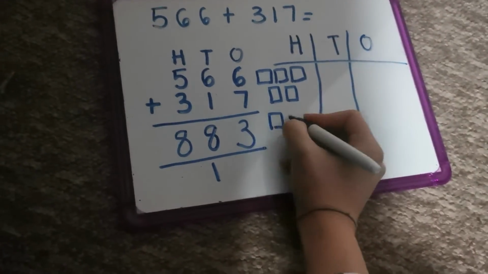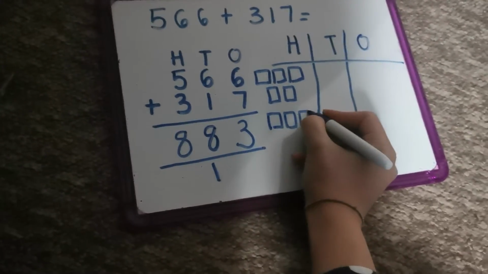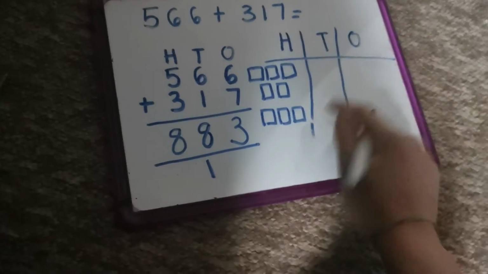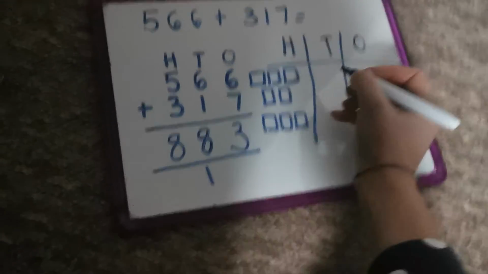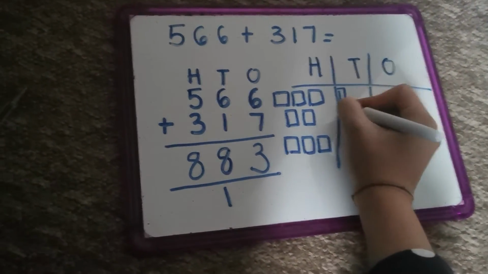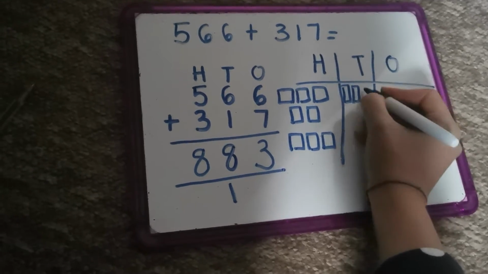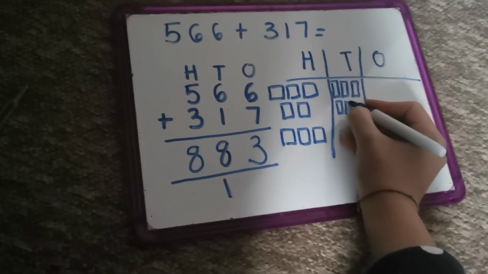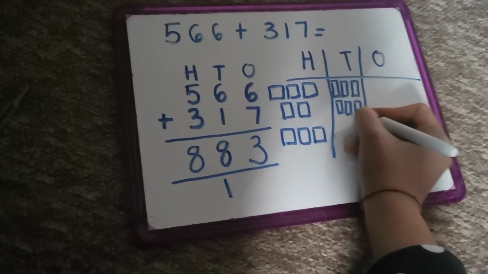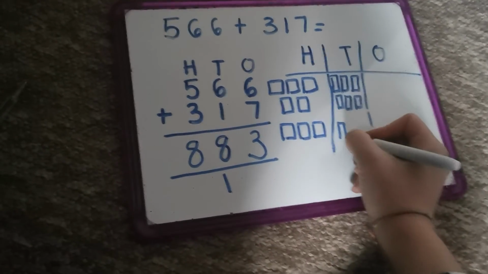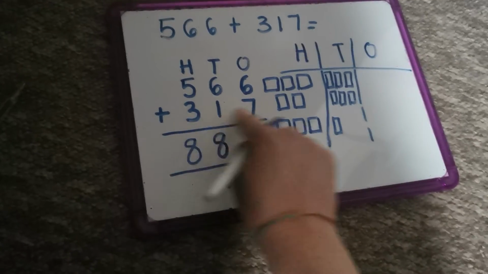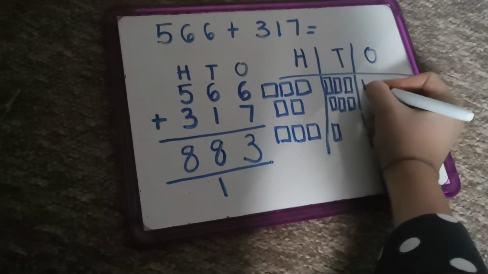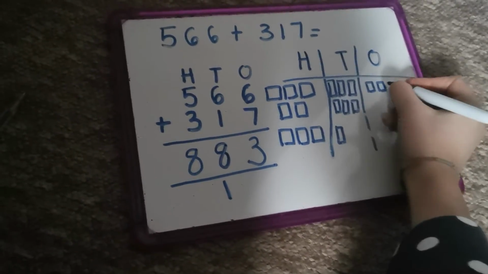Then I've got 300. Then I've got 6 tens. So I'm going to draw 6 tens. They're the long, skinny rods. And then 1 ten here because I've got 317. Then I've got 6 ones.